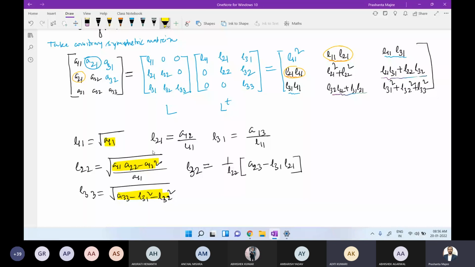So what are they? They are nothing but the leading minors of the given coefficient matrix. The first leading minor is A11, the second leading minor is the determinant of A11, A12, A21, A22, which gives the second highlighted part. And the third leading minor is the determinant of the given matrix, which gives the third highlighted part.